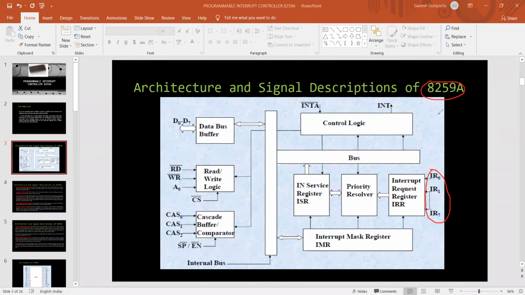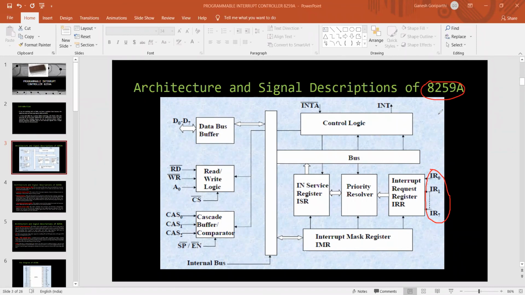Suppose you have more peripheral devices connected to the processor, in some cases we may have more peripheral devices also. Then when you need to handle more interrupt requests than 8, IR0 to IR7 gives you 8 signals, if you need to handle more than 8 interrupt signals, then we connect another 8259.